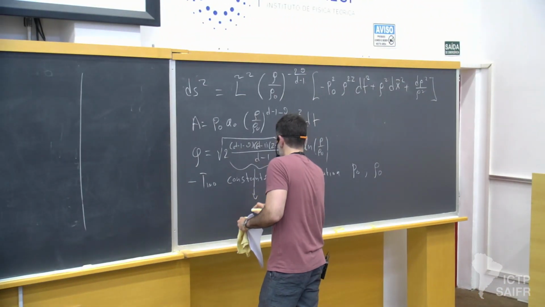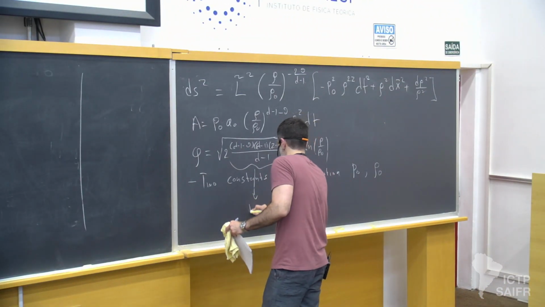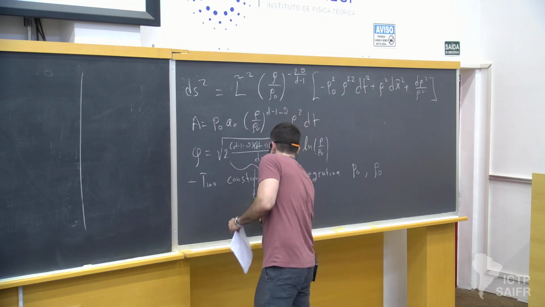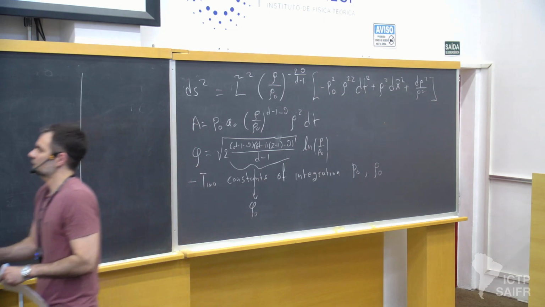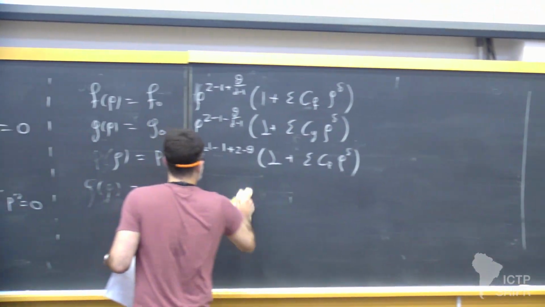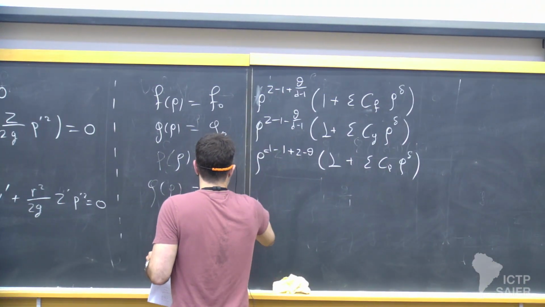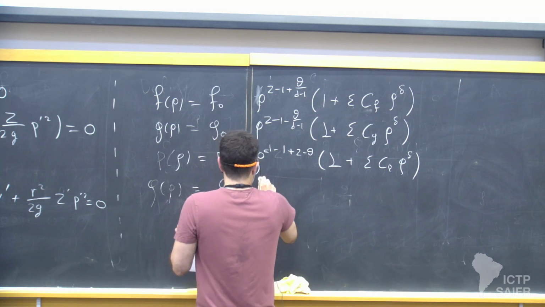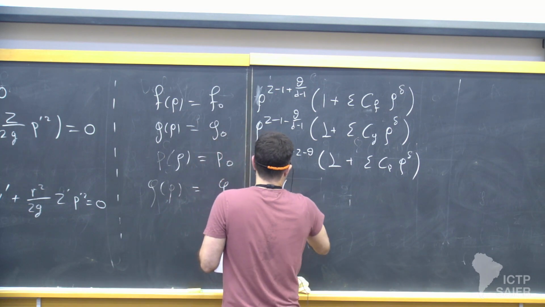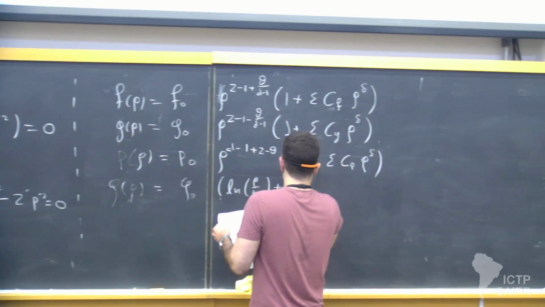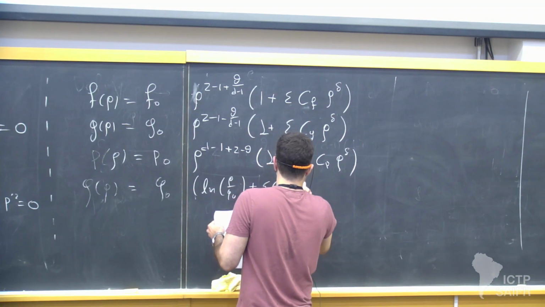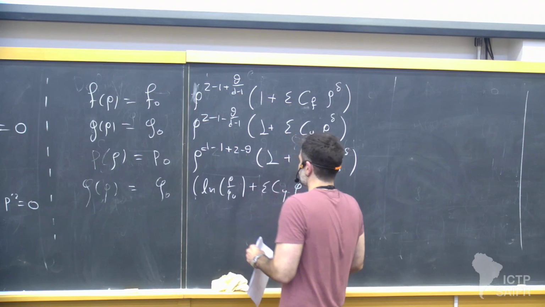Let me call this some number, phi naught, times log of rho over rho naught, that's the background, plus epsilon c phi rho to the delta.